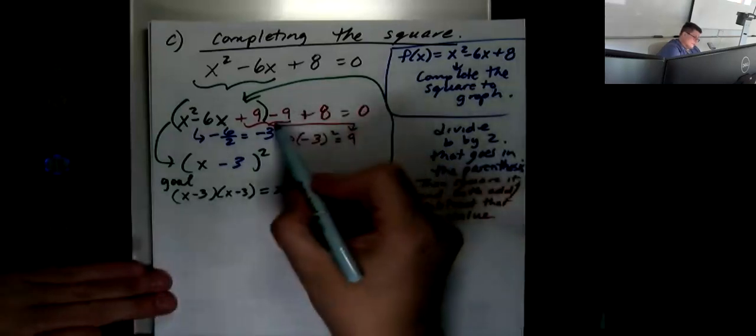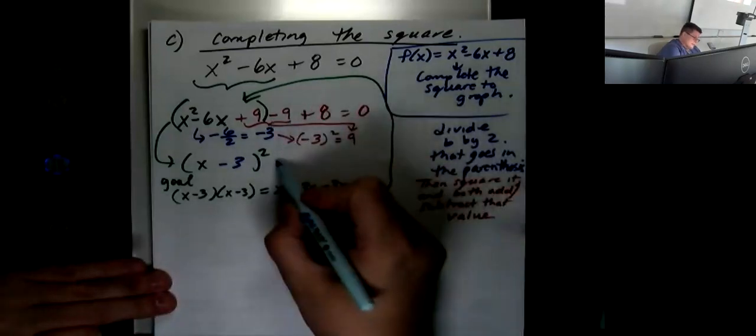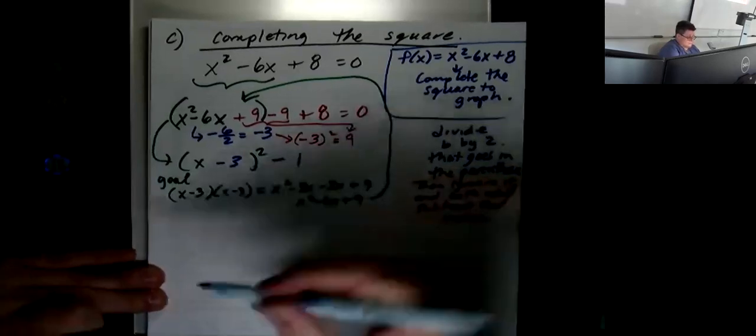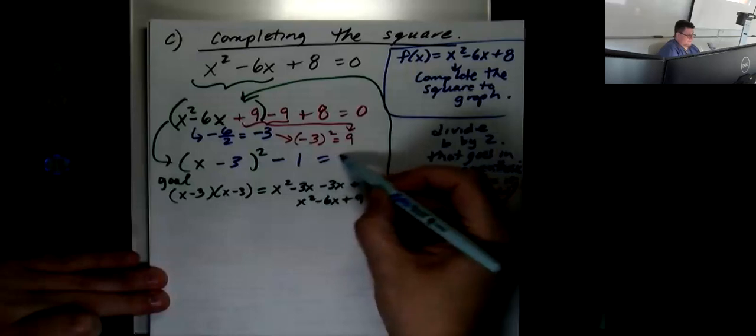Then what I have left over is -9 plus 8. -9 plus 8 is -1. That equals 0 now.